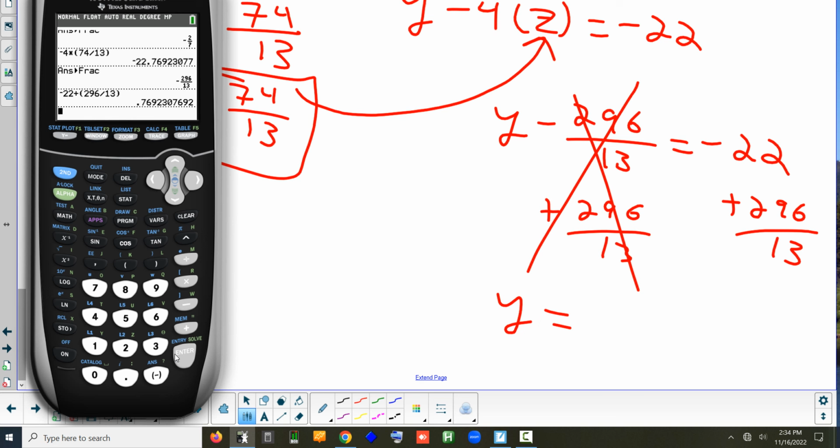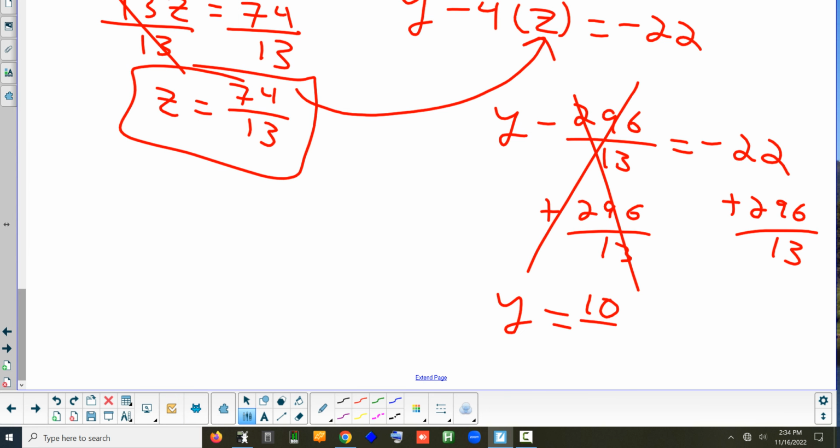That's the decimal. And how do I get the fraction? Math. Fraction. And then hit enter. 10 over 13. Right, and I'll leave x for you to find. Any questions on that?